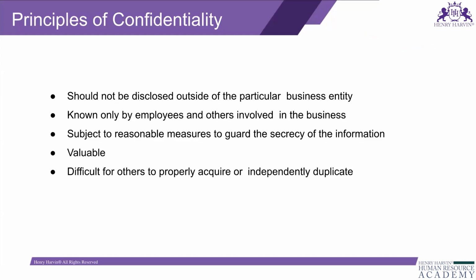So these are the principles of confidential information. What should be the principles? The first one is that it is secret information, so it should not be disclosed to any third party apart from the business entity.